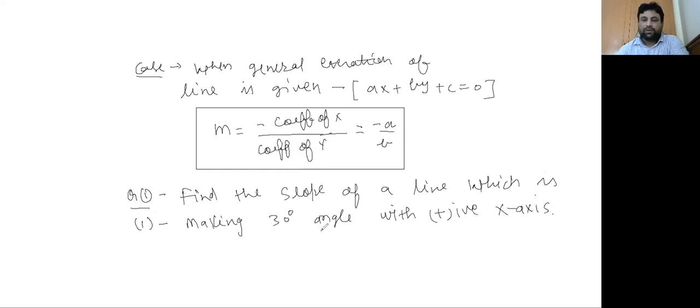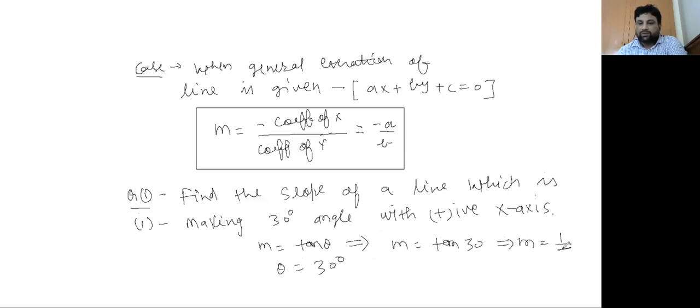I think everybody knows theta means, in the formula m equals tan theta, the angle with the positive direction of x-axis. Here theta is equal to 30 degrees. So in this formula we put m equals tan 30, and as we learned in 10th grade, m equals 1 by root 3. That will be the answer for question number 1, first part.